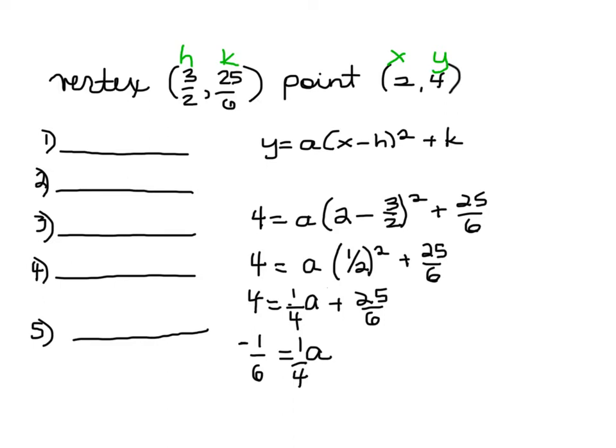And then I'm going to multiply everything by 4 to get rid of that 4. And I'm going to get a equals negative 2/3. Okay, this will end up being a equals negative 4 over 6, which will simplify to negative 2/3.